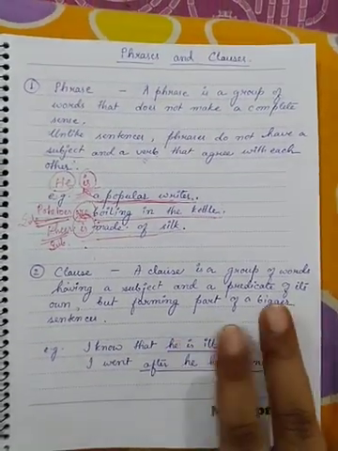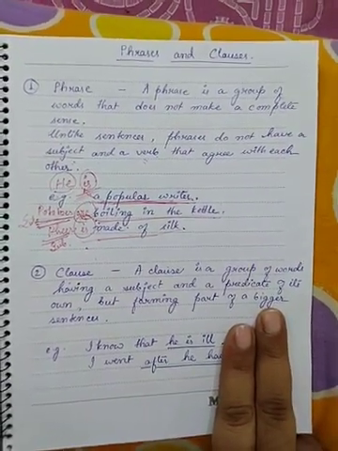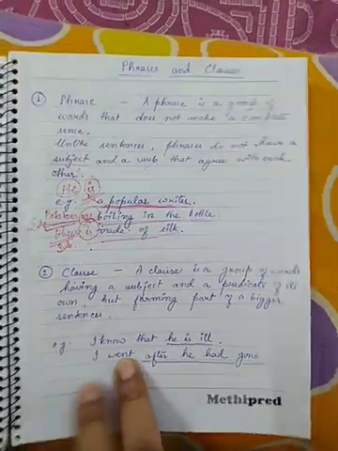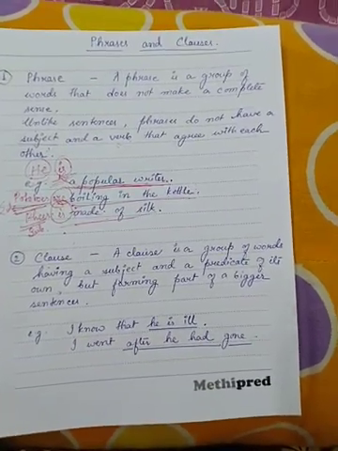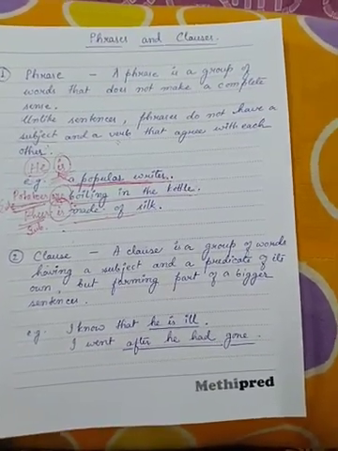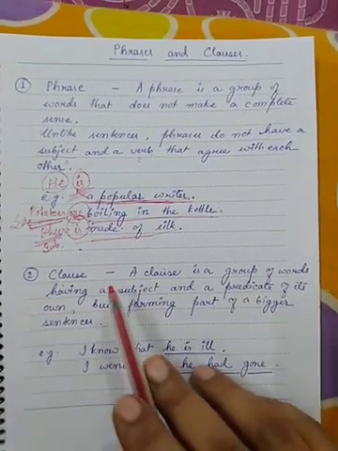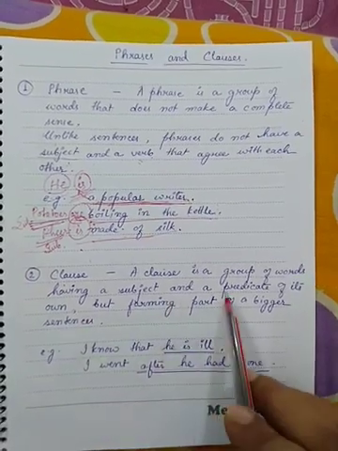It's another part of a sentence added to the previous part of a sentence, making a bigger sentence. A clause is a group of words having a subject and a predicate of its own, but forming part of a bigger sentence.